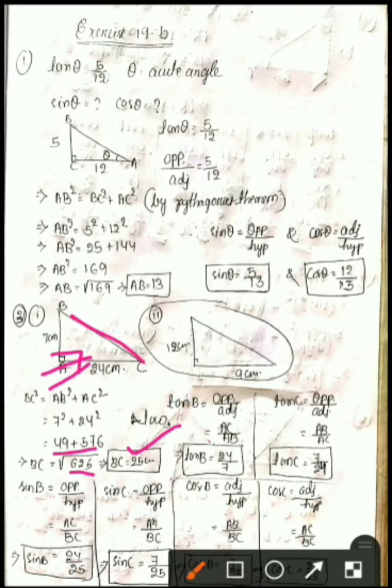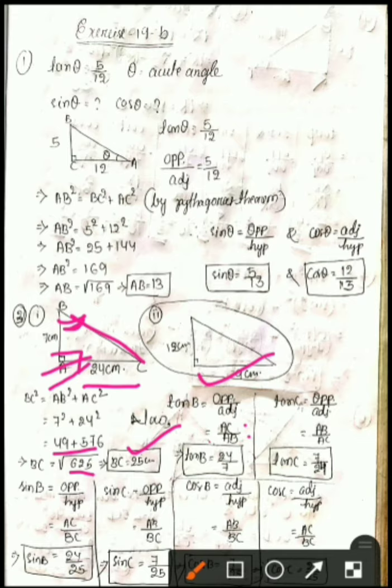Now what do you have to find out? Tan B, tan C, sin B, sin C, and cos B, cos C. So tan B is opposite by adjacent. Of angle B, what is the opposite? AC.